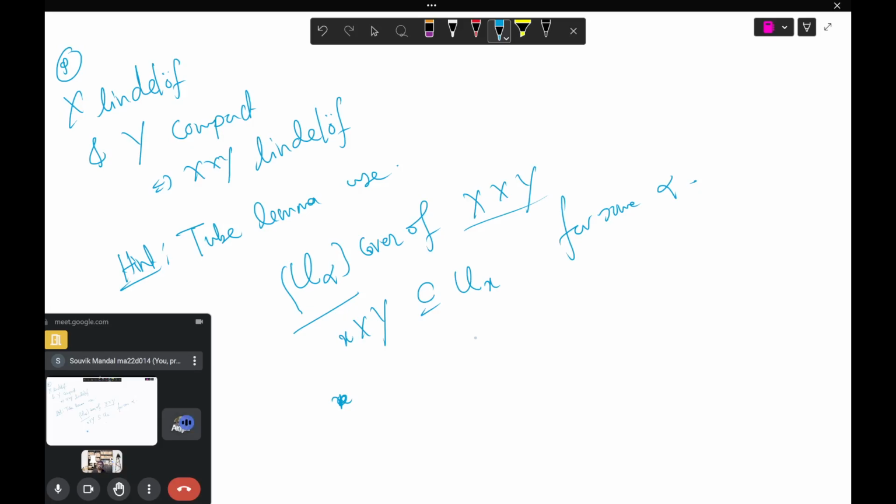Sir, the open set which contains x, suppose it is V cross Y. So by the tube lemma it is contained in Ux, containing the point x cross y.